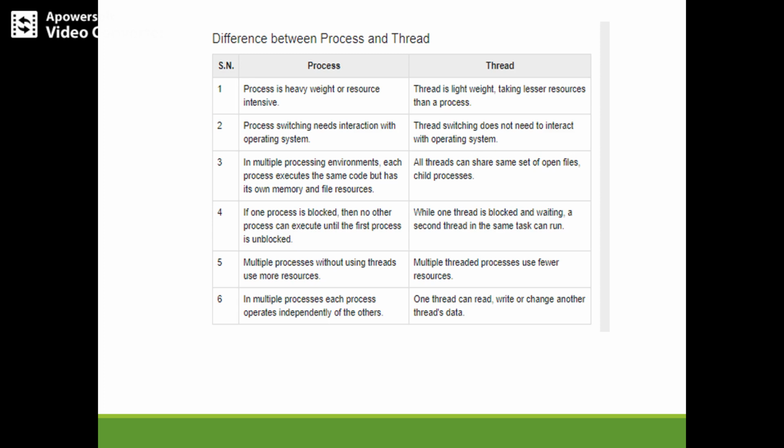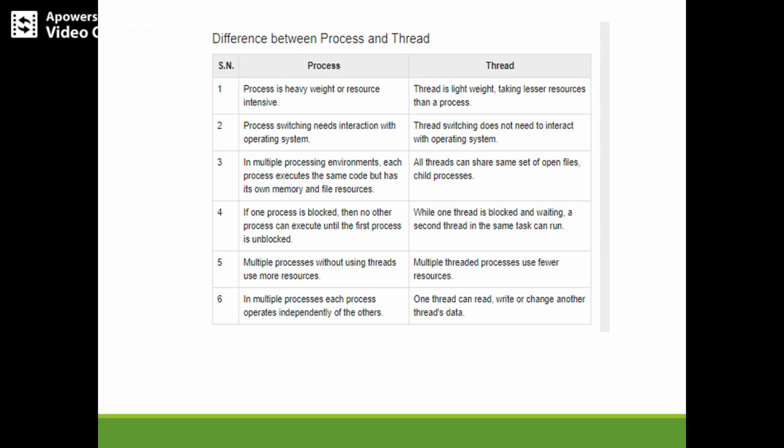The next difference between process and threads is that multiple processes without using threads use more resources, and a multi-threaded process uses fewer resources. One thread can read, write, or change other data, whereas in multiple processes, each process operates differently.